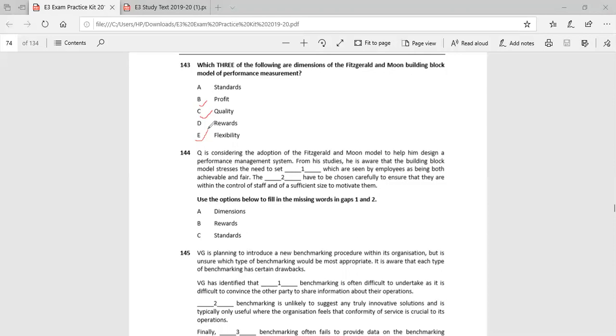Q is considering the adoption of Fitzgerald and Moon model to help him design a performance management system. From his studies, he is aware that the building block model stresses the need to set dash, which are seen by employees as being both achievable and fair. The dash have to be chosen carefully to ensure that they are within the control of staff and of a sufficient size to motivate them. Use the options below to fill the missing words in gaps 1 and 2.